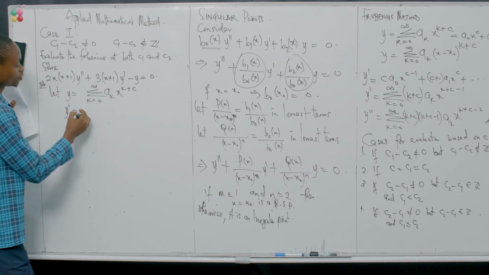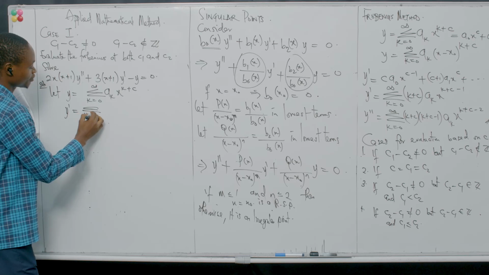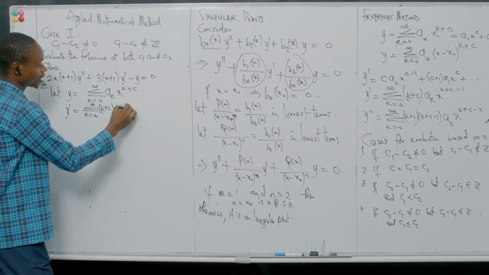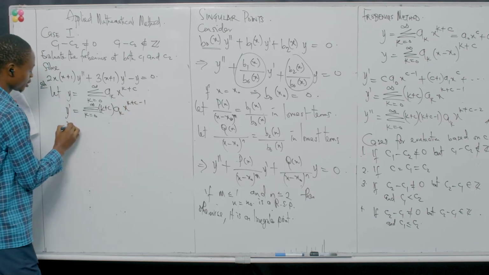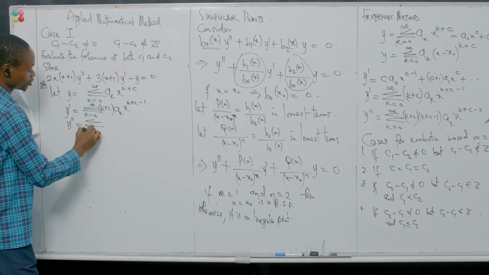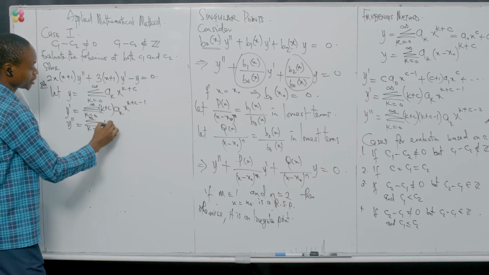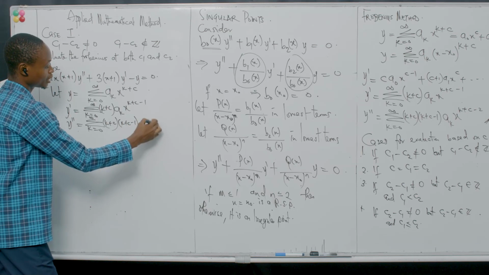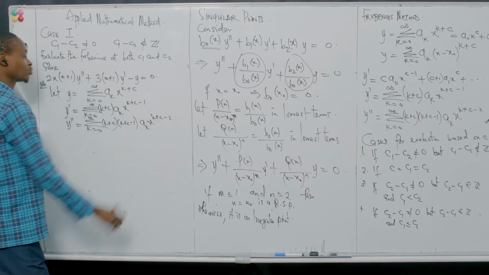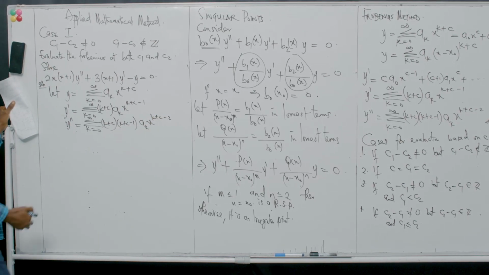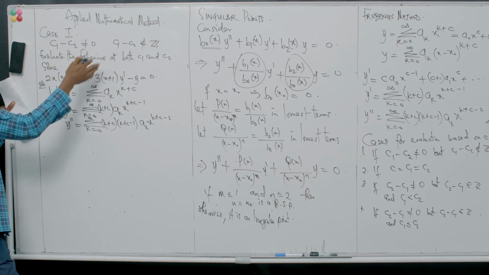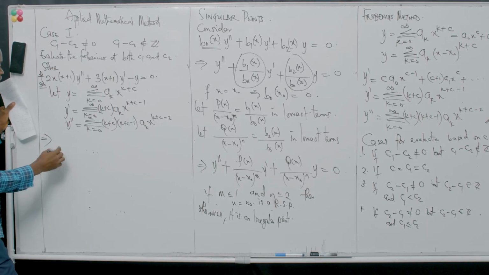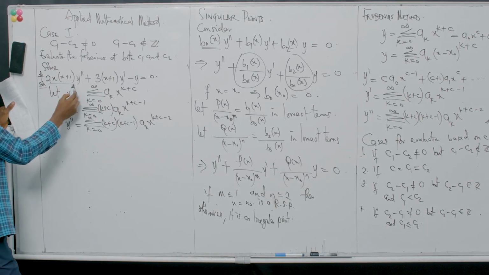Now, y prime will simply be the summation k starting from 0 to infinity of k plus c, ak x to the power k plus c minus 1. Then y double prime is equal to the summation k starting from 0 to infinity of k plus c, k plus c minus 1, ak x to the power k plus c minus 2. The next step is to substitute all of this into the formula. So let's expand this first and foremost.